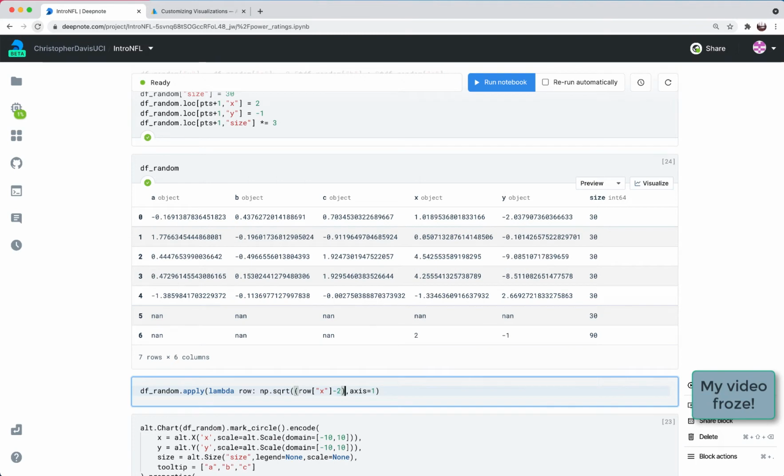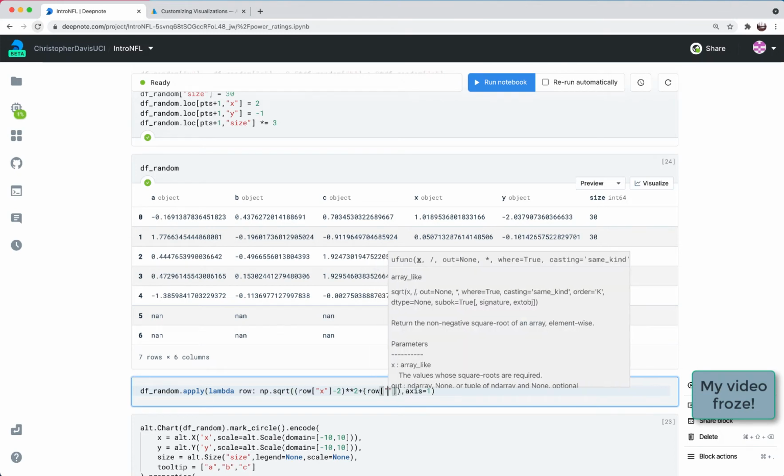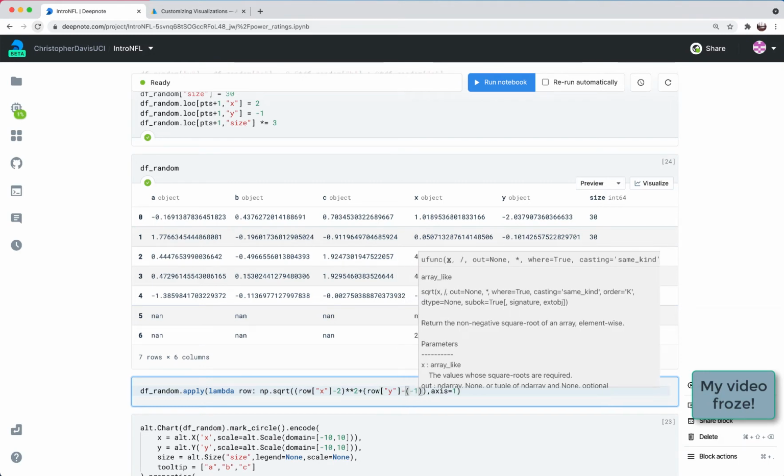So the distance of the x coordinate from 2, oh, and I was about to make a mistake by doing this caret for exponent, but in Python you have to do star star for the exponent. Okay, and then it'll be the same thing for the y coordinate. And then minus -1, okay, because that's the y coordinate we're trying to get to.